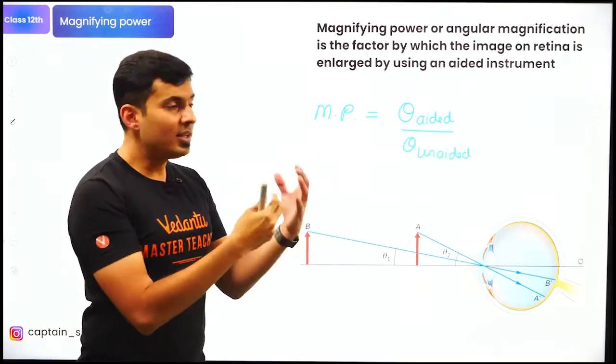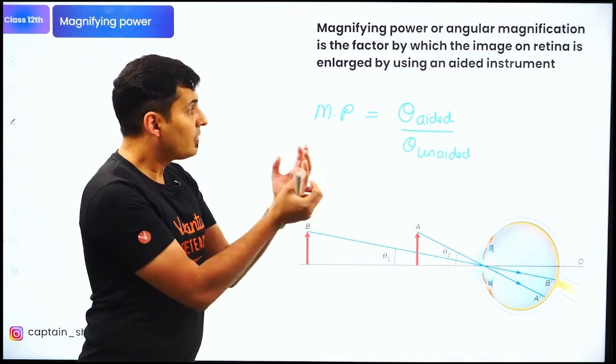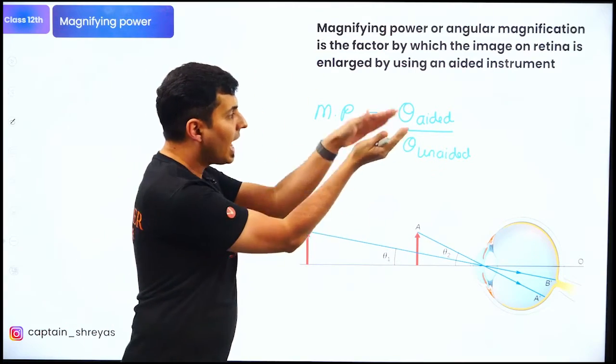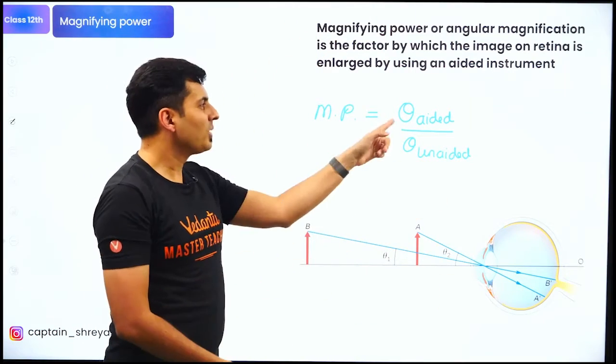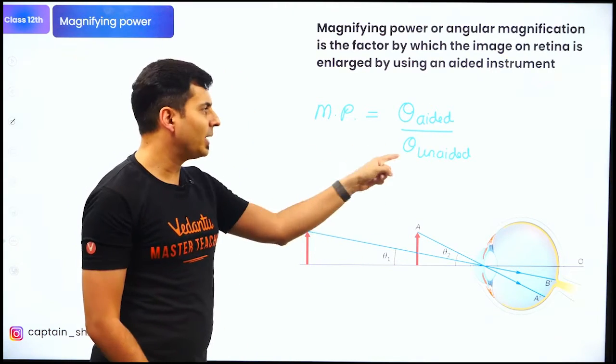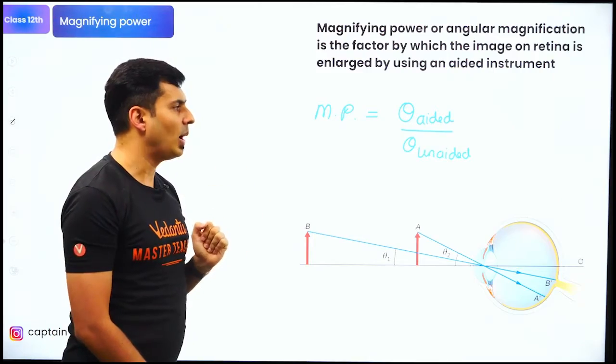Unaided means without any instrument. If you just look at it, it subtends this angle. But when you see it with an aid like a telescope or a microscope, the angle subtended is much larger. So that's why it's in the numerator, and unaided, which is without the instrument, is in the denominator. So that's the standard definition of magnifying power.